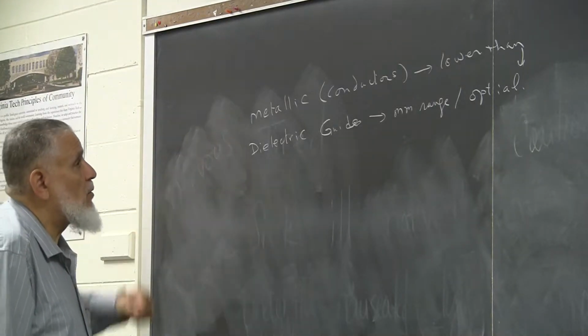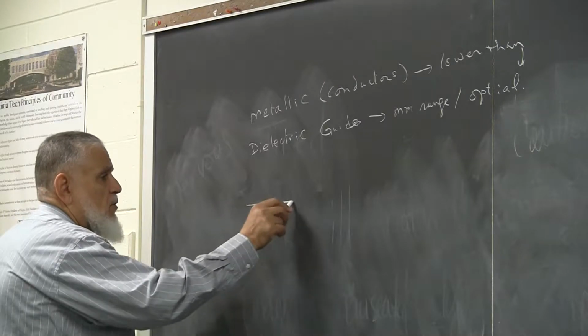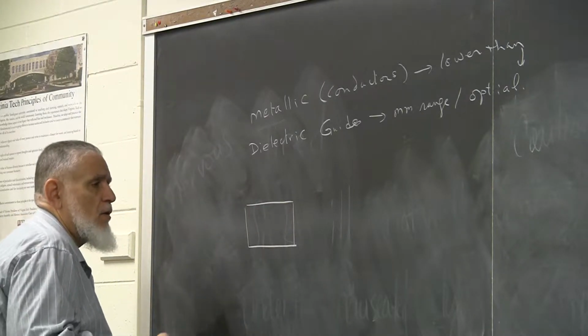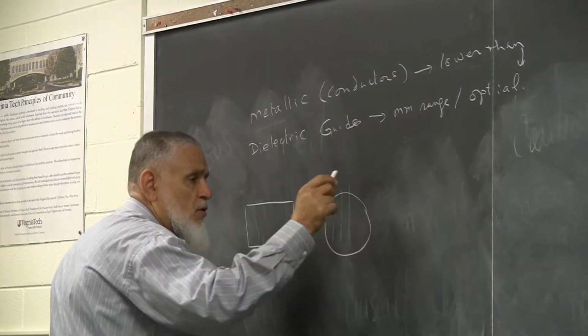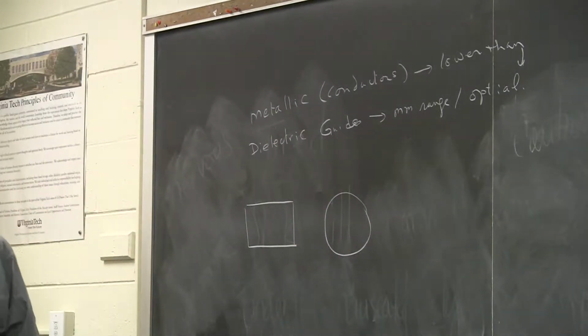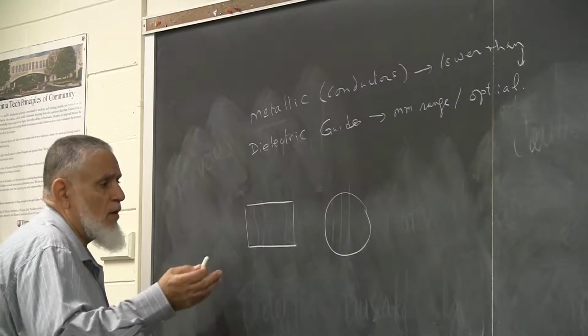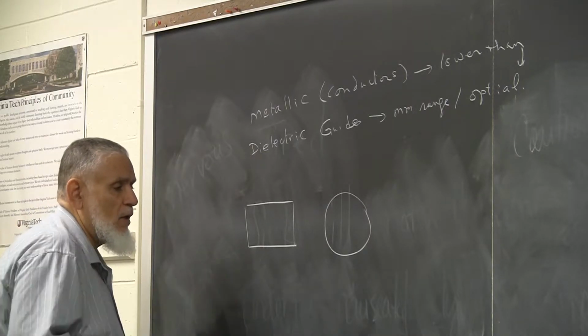The metallic waveguides, basically you have a conductor, it's shaped a certain way, like a rectangular, or a circular, or any other shape you can think of. Obviously, if we're going to analyze that and develop some design criteria so we can design them, we need something that we can write equations for. So typically these are the two shapes that are easy to write equations for relative to other forms, if you have a rectangular or any other shape.